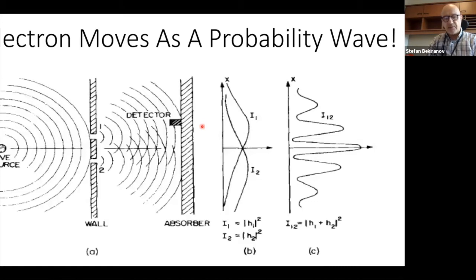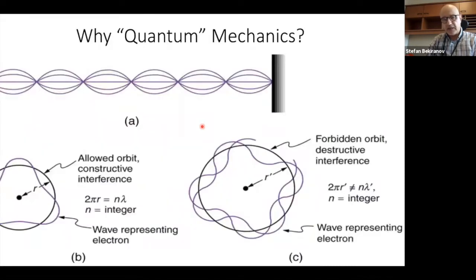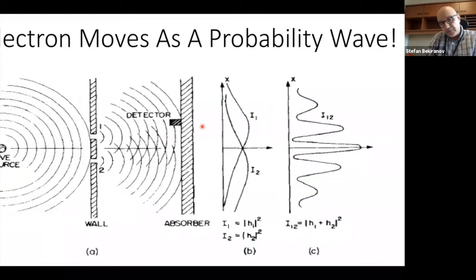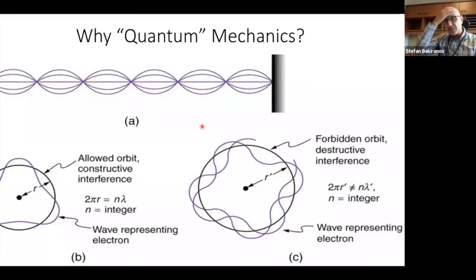All right, so now why quantum? You could imagine, and people do call it wave mechanics, but why quantum? It comes from the fact that it's a wave, and this is just important to get into quickly. Because it's a wave, if I confine an electron, let's say in walls, then for it to form a coherent standing wave, you have to have an integral number of wavelengths between these two walls for it to be a stable coherent wave.